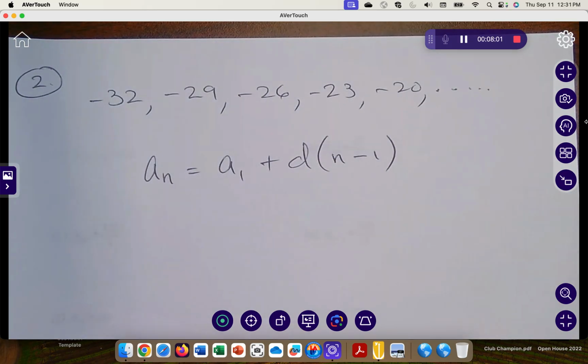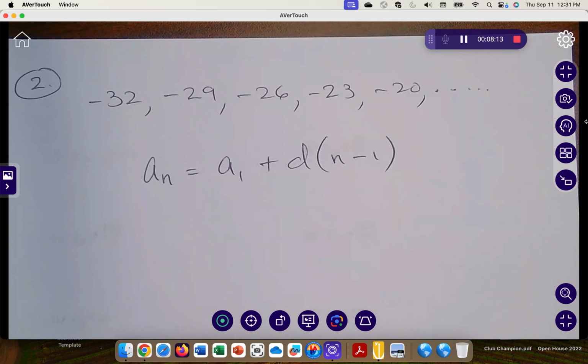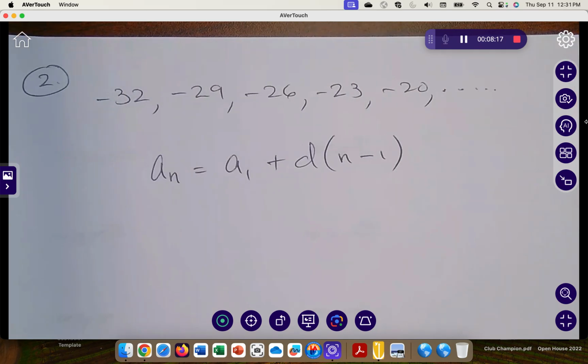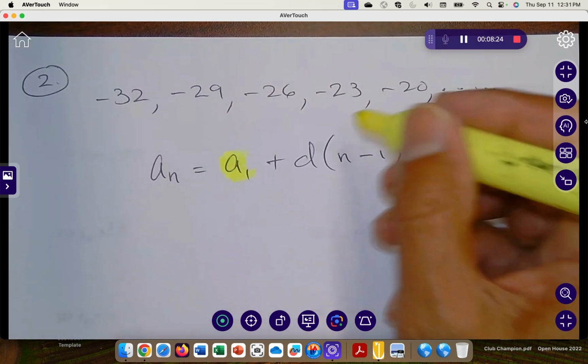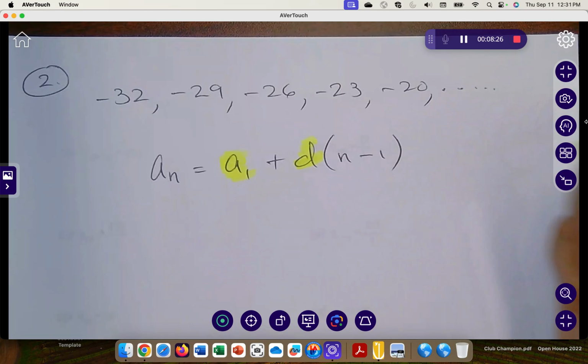Which 2 parts do you need? What 2 parts, looking at this formula, do you have to find? A1 and this, D.